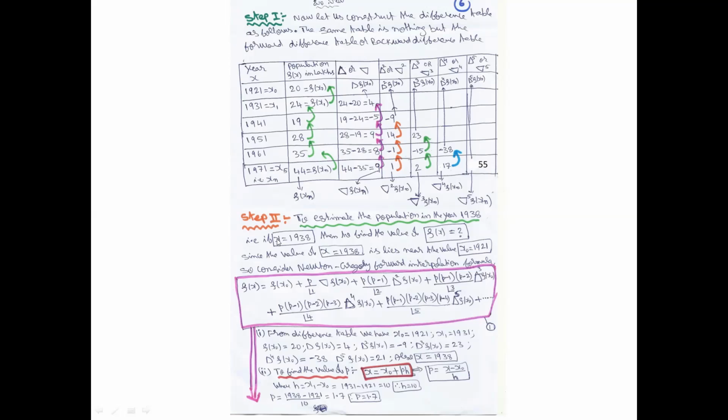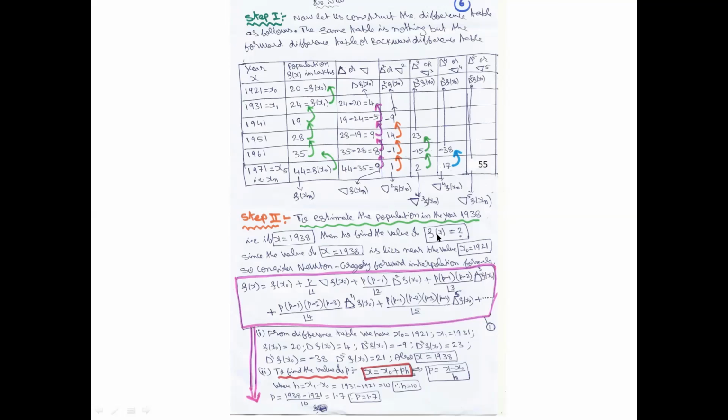So if x is equal to 1938, we want to find the value of f of x. That is, the argument is given and we want to find the respective entry. This is said to be interpolation.